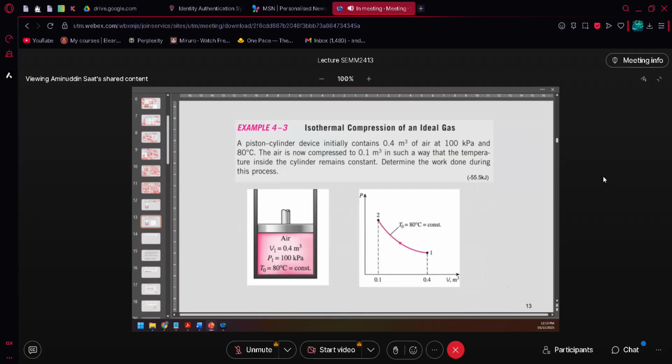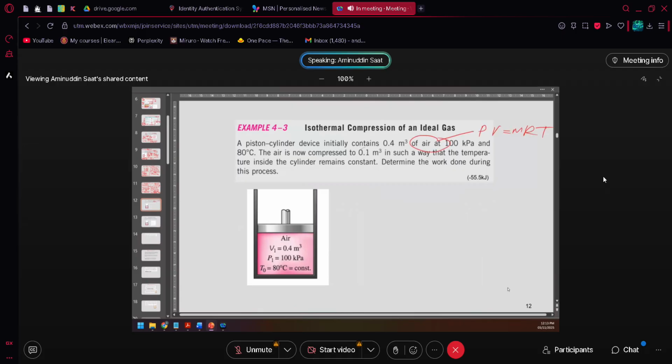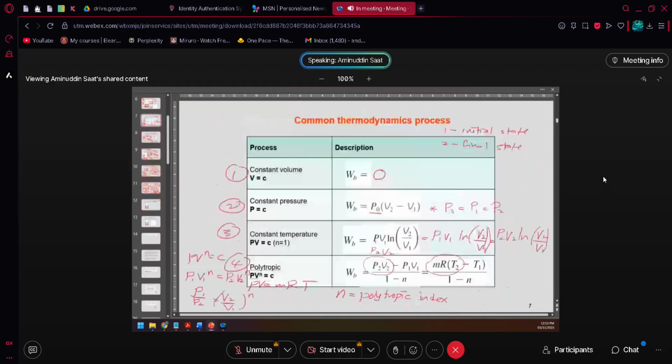Any question so far? So we have done the process for the constant volume, and we have done some exercise for the constant pressure. So the remaining constant temperature and polytropic, we will discuss in the next class.